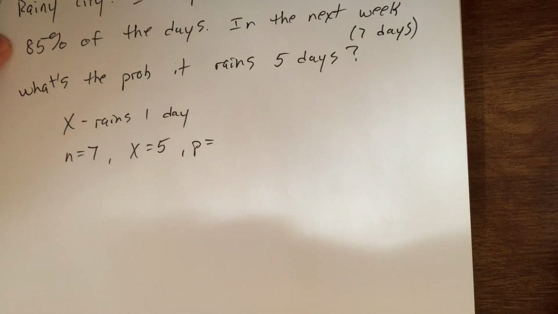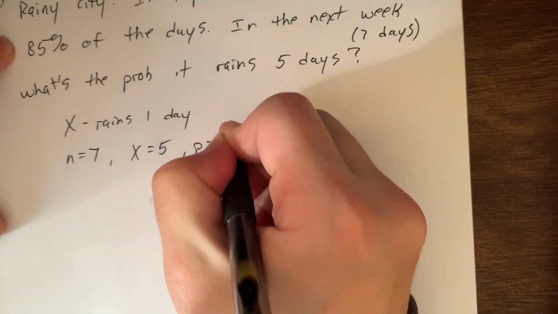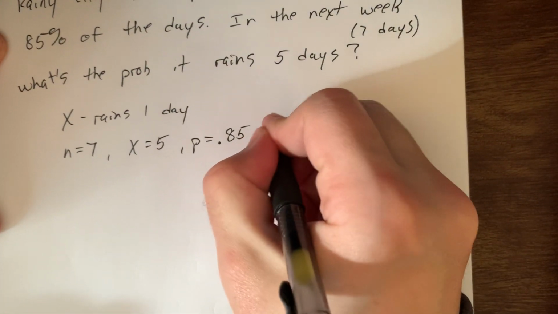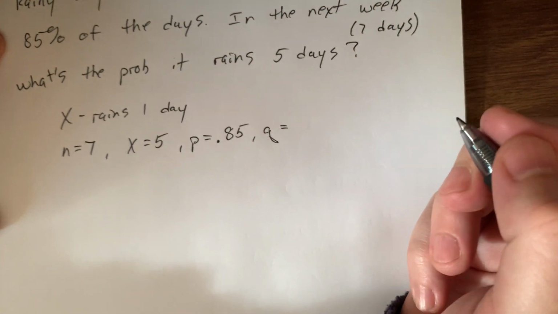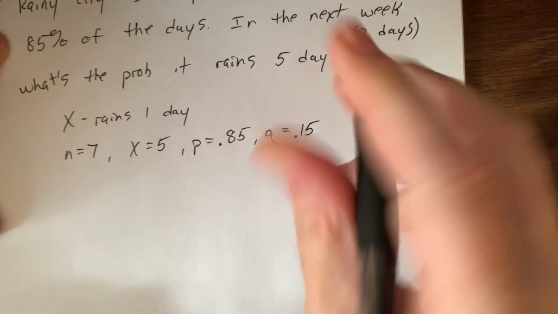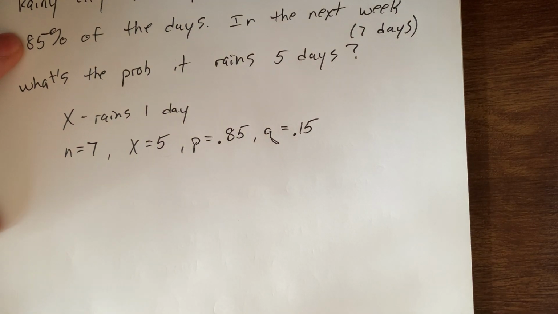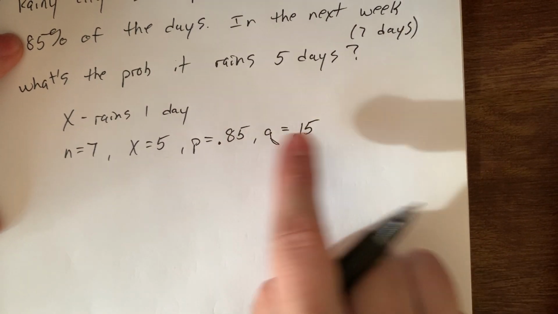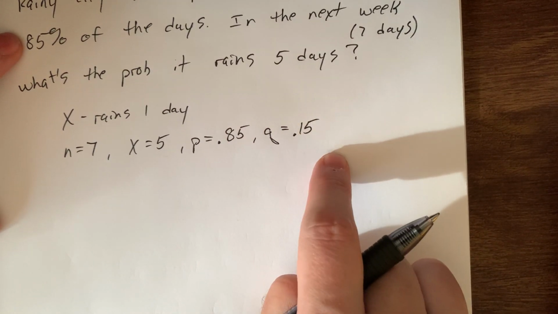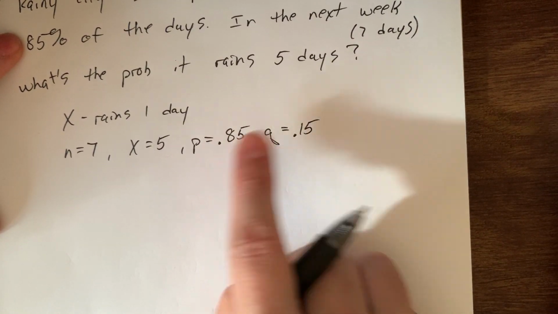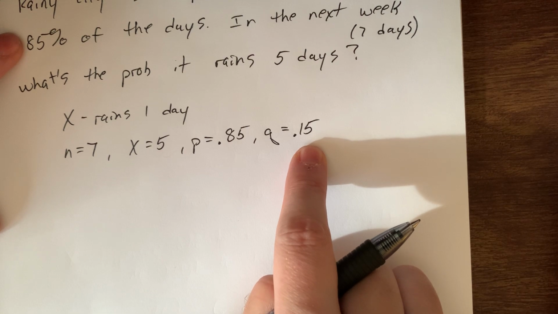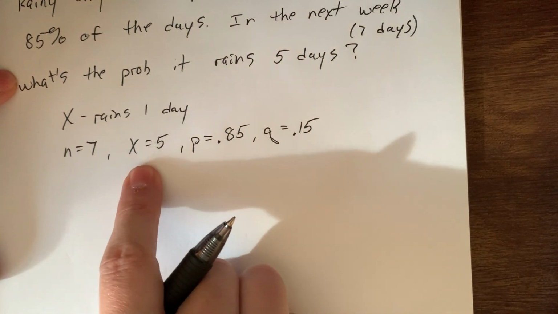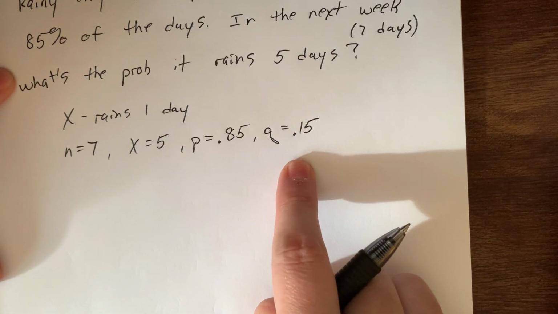What's the probability of success? If it rains 85% of the days, the probability it rains 1 day is 0.85. And then the probability of failure, the probability it does not rain: if it rains 85% of the days, it does not rain 15% of the days, or again, you can always just do that 1 minus relationship, 1 minus 0.85 to get 0.15. So not bad. Exactly 5 days, only 1 x value, everything set up.